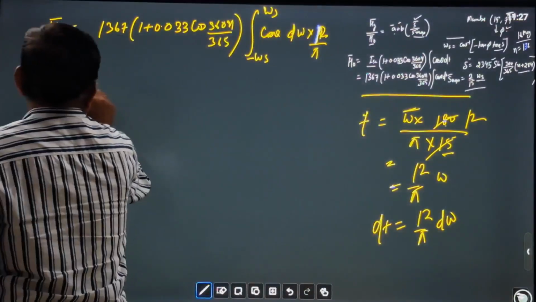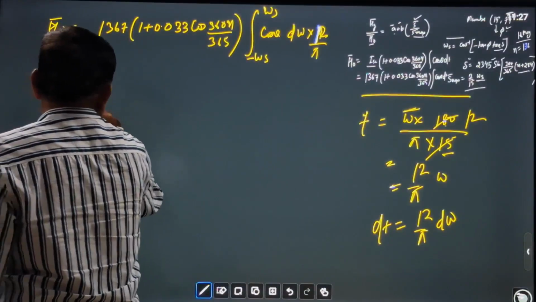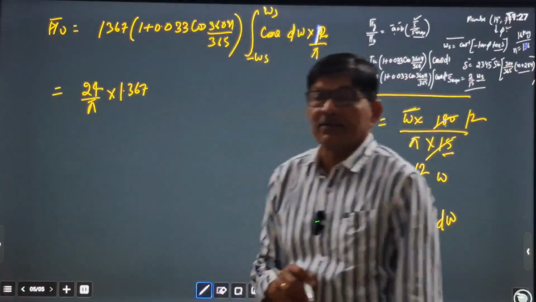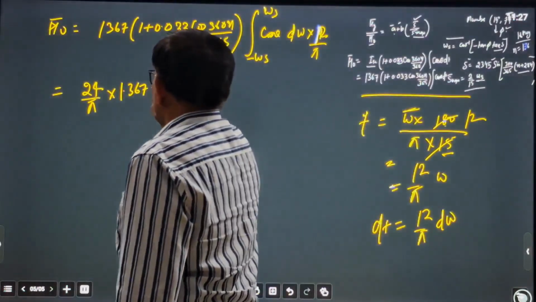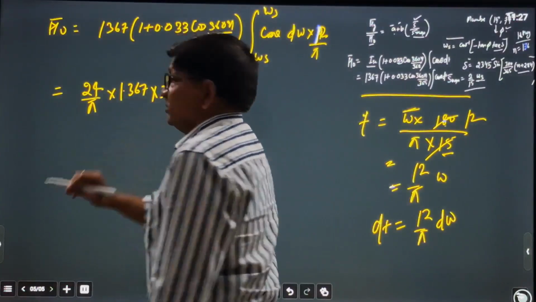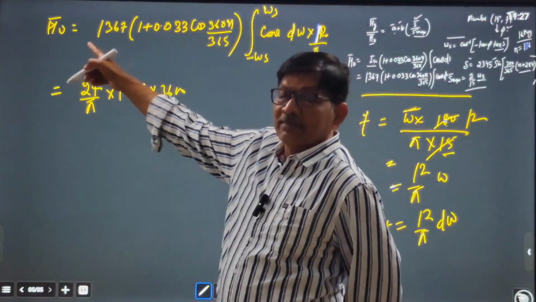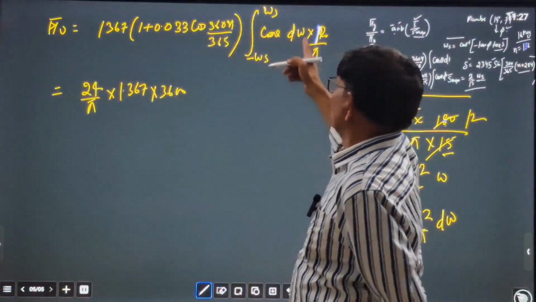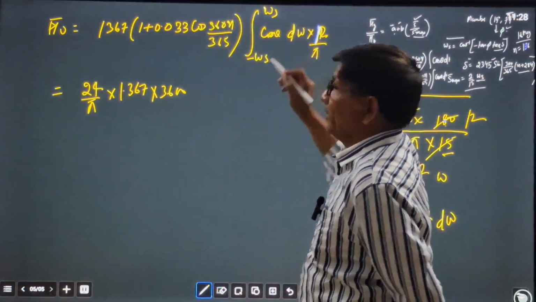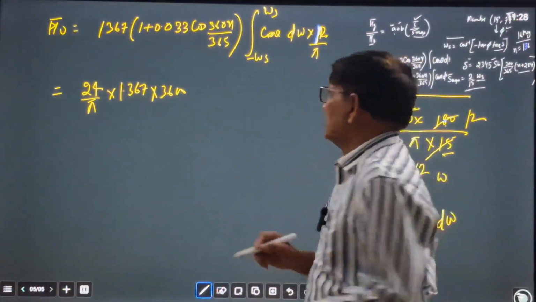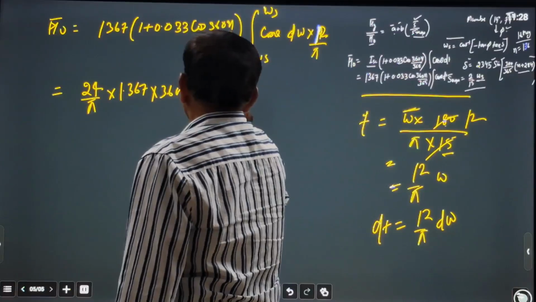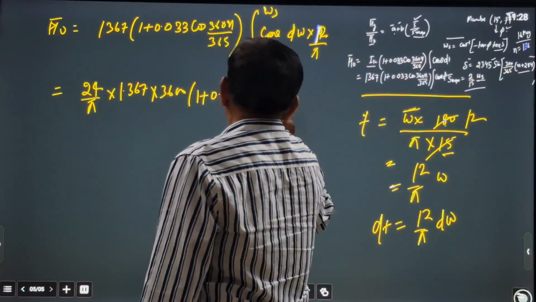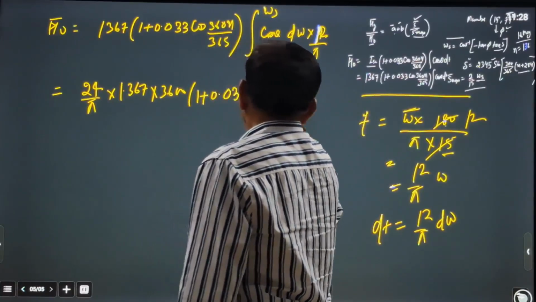So the equation now becomes 24 by pi into 1.367, converting watt into kilowatt, and multiplied by 3600 also, because this is given in watt, means kilojoule per second, so we have to convert this to hours. We have calculated time in hours, so multiplied by 3600, and 1 plus 0.033 cos 360 n upon 365.